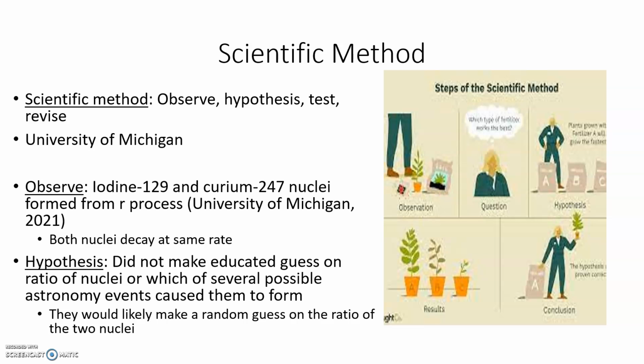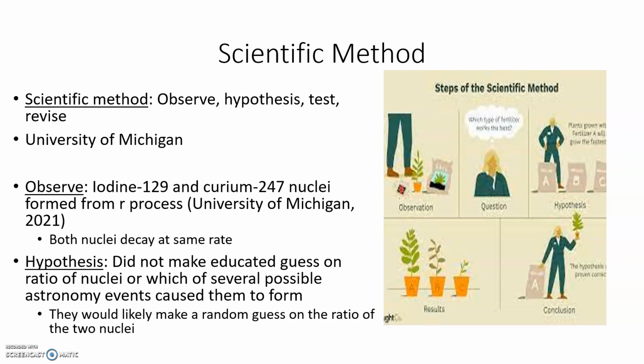This meant that the ratio of these two nuclei should accurately reflect how many neutrons were available before the solar system existed. This is because it takes more neutrons to form curium than iodine, and having more curium-247 compared to iodine-129 would mean there were more neutrons available to form the higher neutron curium-247 nuclei.